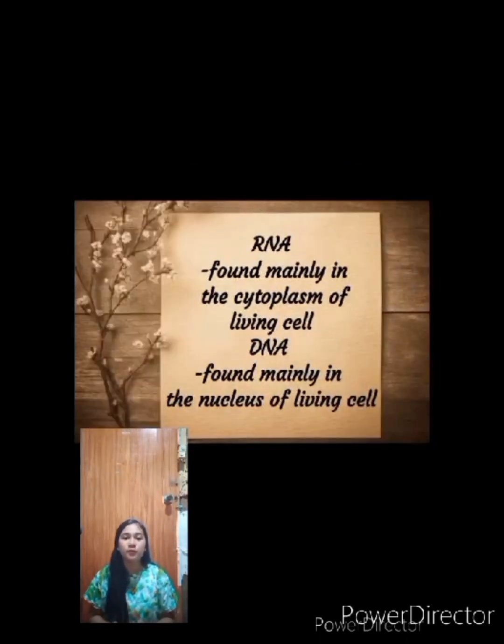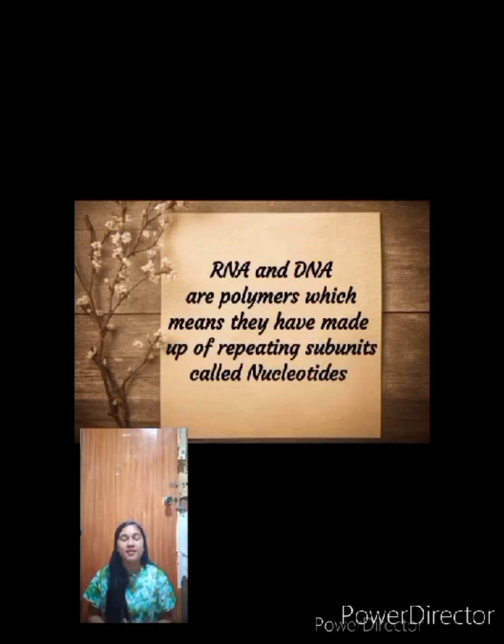RNA is found mainly in the cytoplasm of living cell. DNA is found mainly in the nucleus of living cell. RNA and DNA are two polymers, which means that they are made up of repeating subunits called nucleotides.